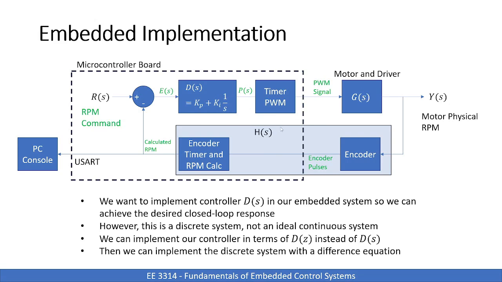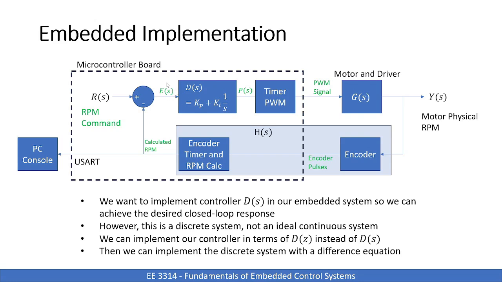Again, we expanded that block diagram to show this as a Laplace representation of the controller, where actually this is happening in the time domain or the discrete domain, but right now we're just representing it as a PI controller in the Laplace domain.